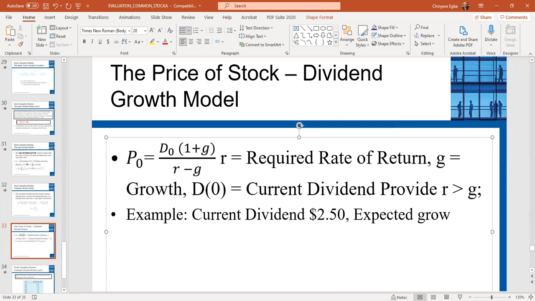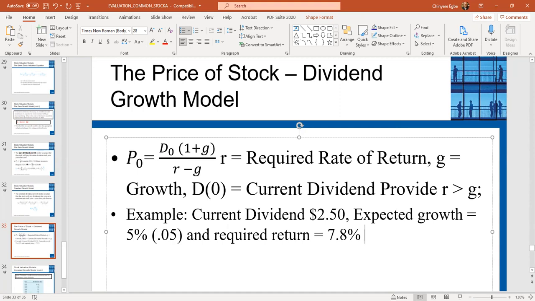Expected growth equals, say, 5%, that is 0.05, and required return is equal to 7.8%, which is 0.078. So what will be the selling price of this asset? What is the selling price?